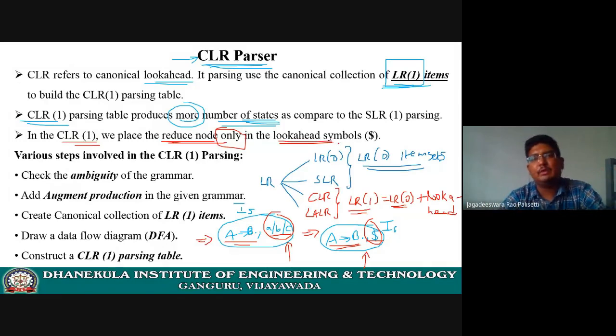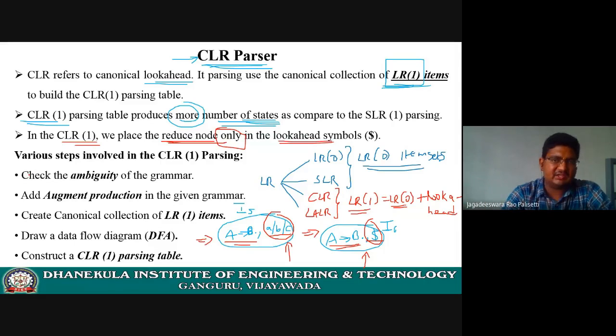So this is the introduction for CLR, and what we do in CLR is obviously the same. The only thing is where we write our reduce nodes. In SLR, simple LR parsing, we depend upon the follow function, but here in CLR, we depend upon the lookahead symbols.